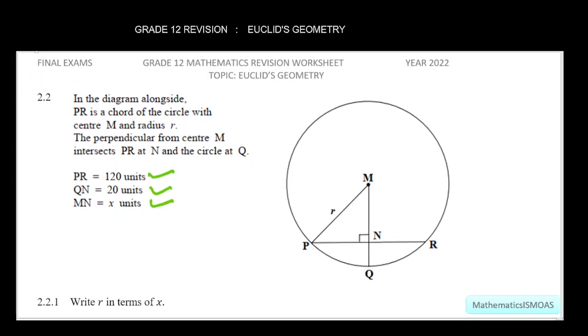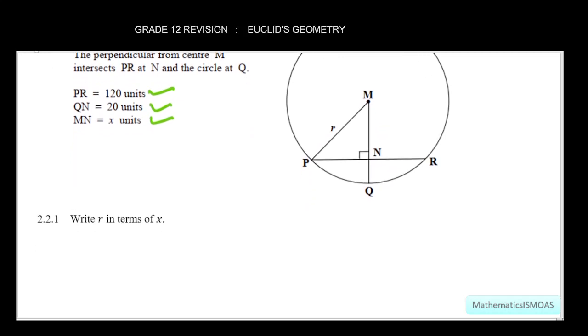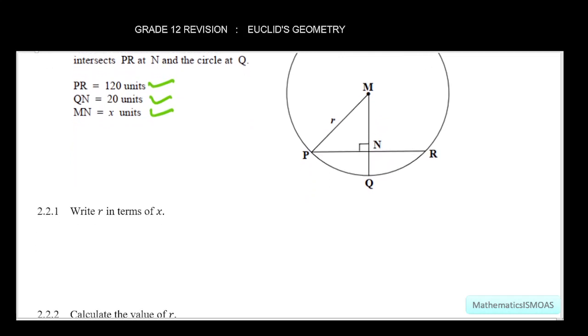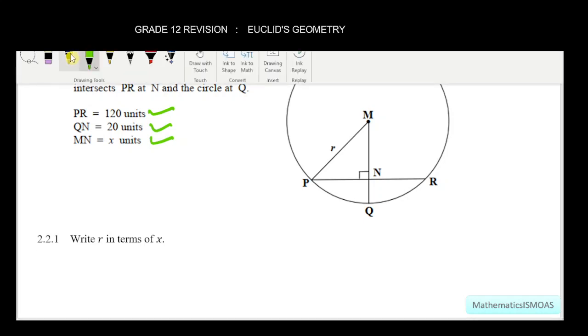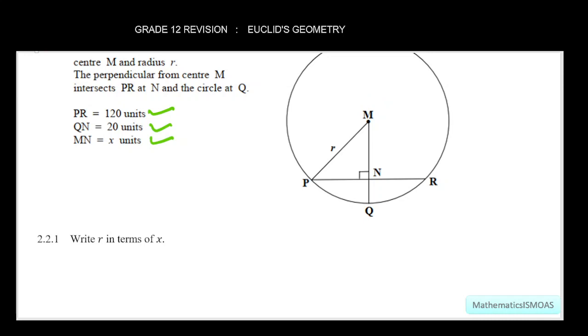Now, question 2.2.1. Write R in terms of X. Now where is R? R is our radius, radius PM.